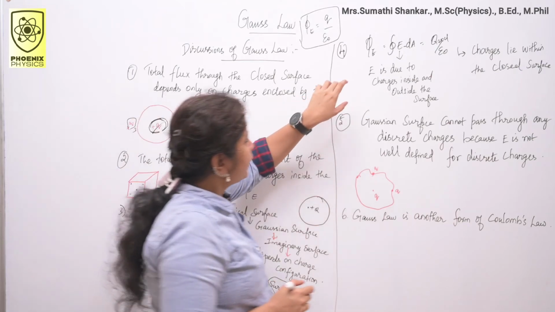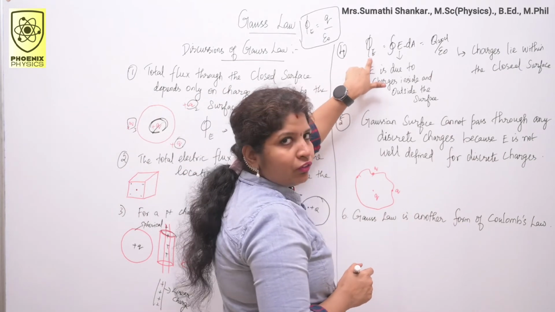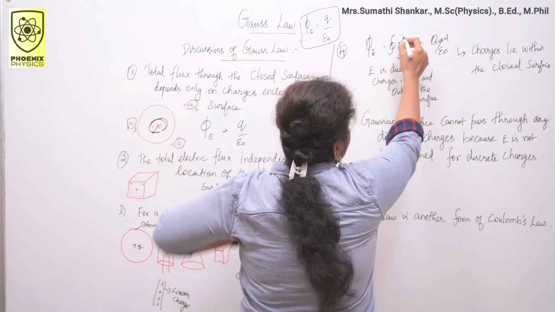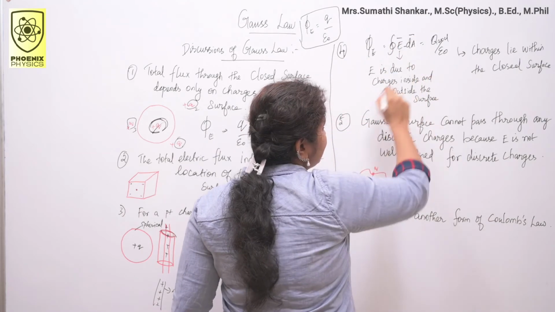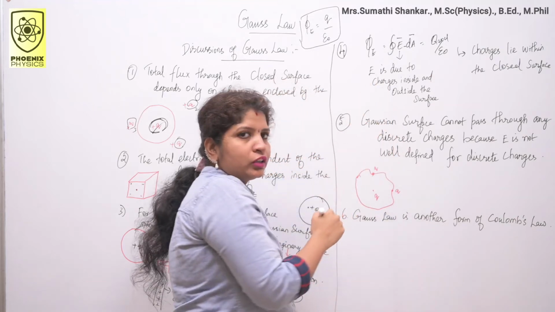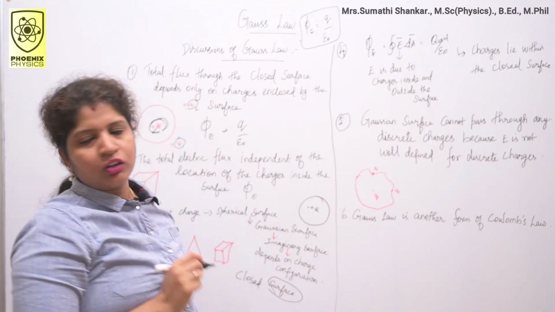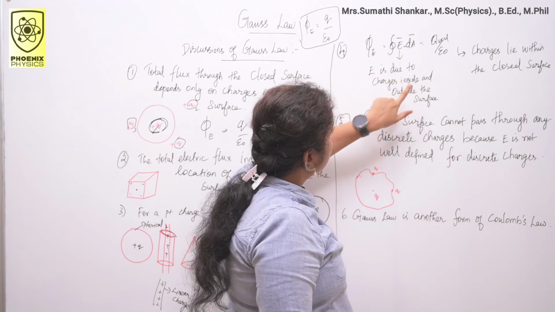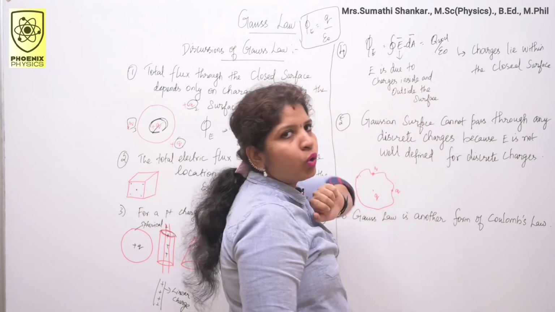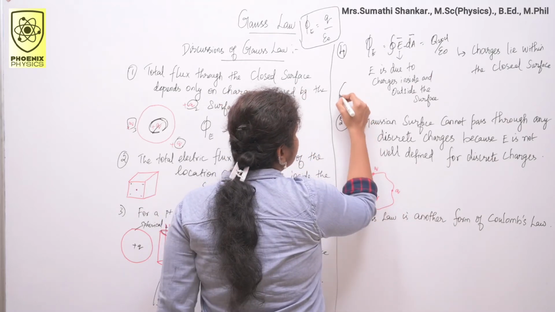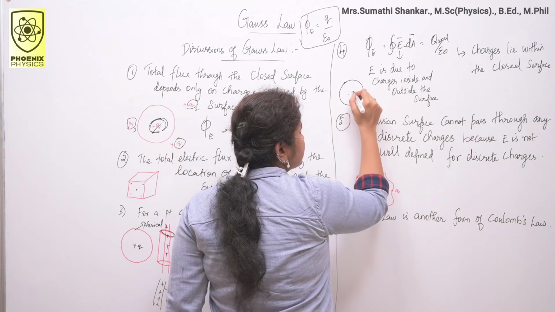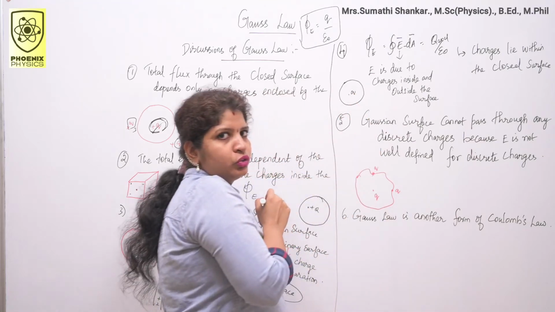Fourth point, here the total flux phi is equal to closed integral E vector dot dA vector, that is equal to Q enclosed by epsilon naught. This E is due to charges inside and outside the surface. Suppose I have a spherical surface like this. Inside this surface I have Q charge.